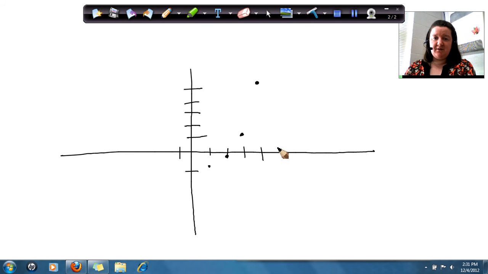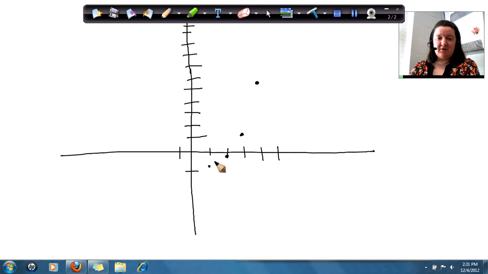Almost off the page, but we know that at 5, we're going to go up 9.